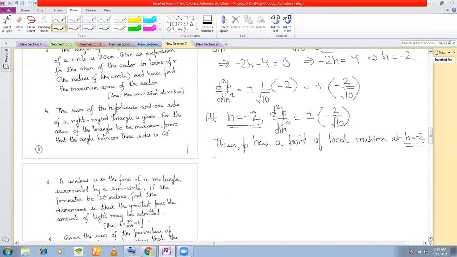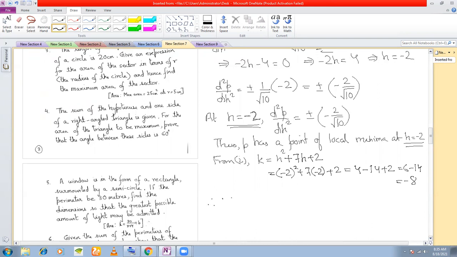So from 1, k is equal to h square plus 7h plus 2. Put h is equal to minus 2 here. So you get 4 minus 14 plus 2, which is 6 minus 14, which will give you minus 8 actually.